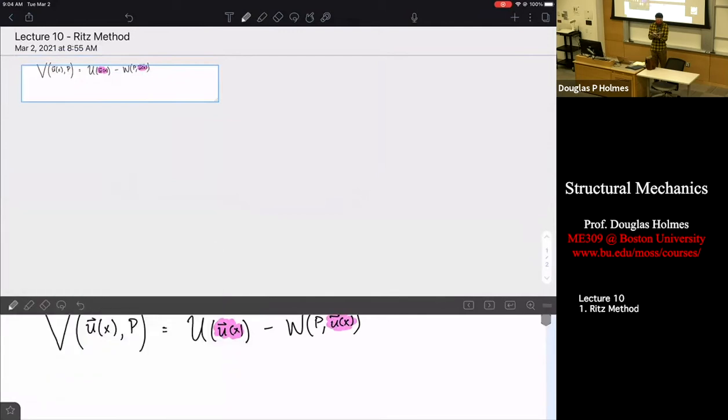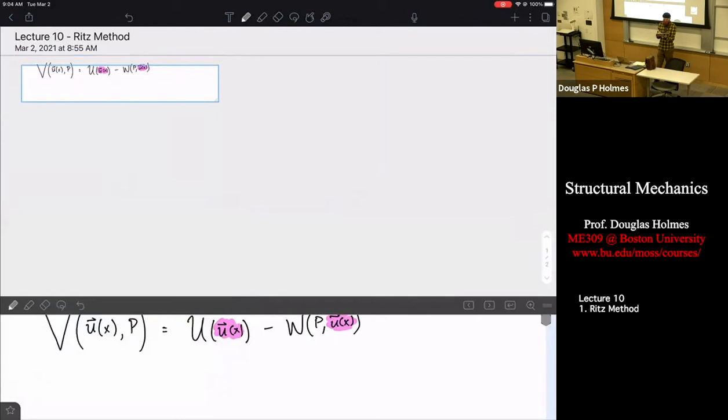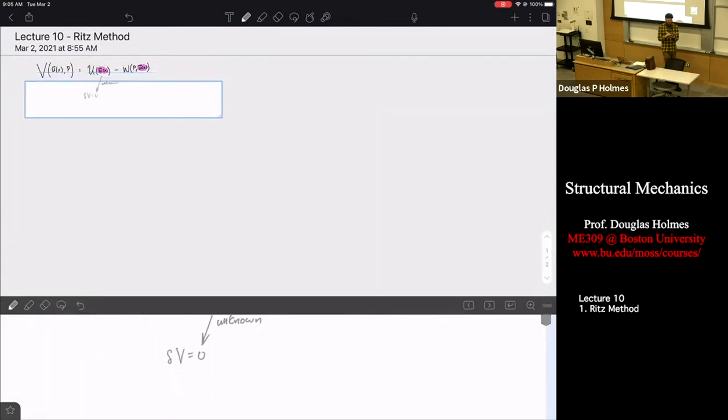On your homework, if we leave this as an unknown, then we take the first variation of our total potential energy, set it equal to 0, and integrate by parts.